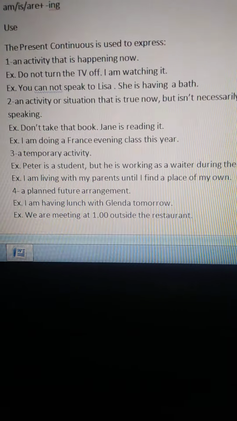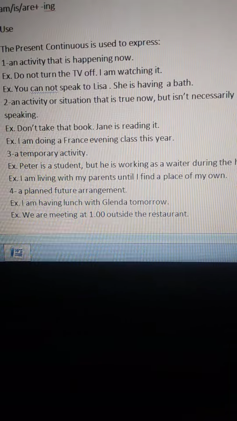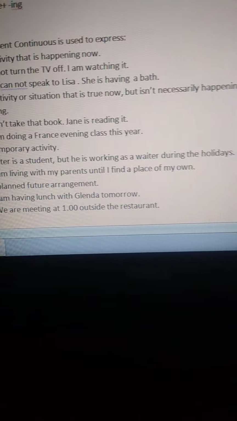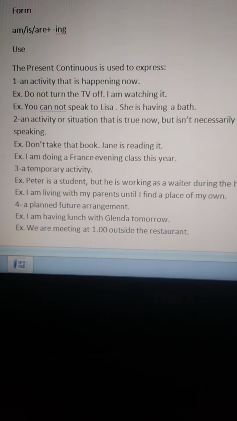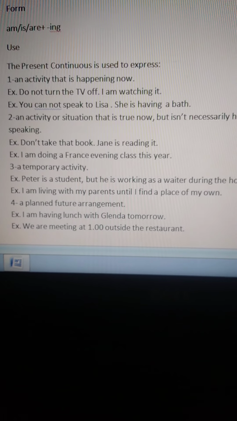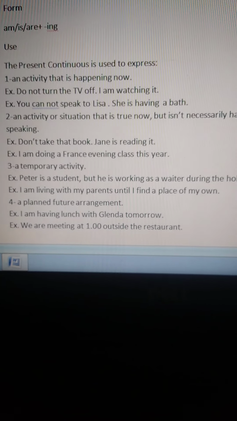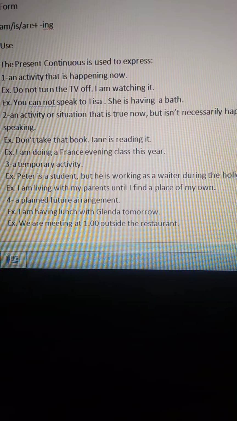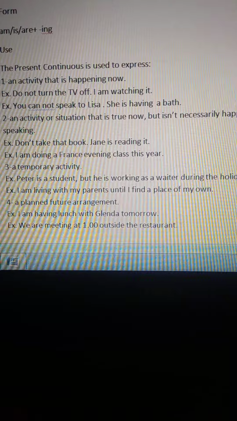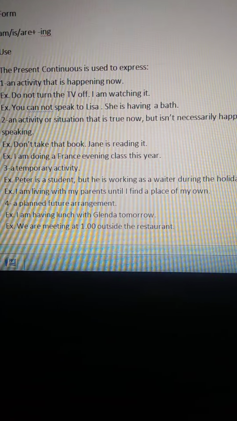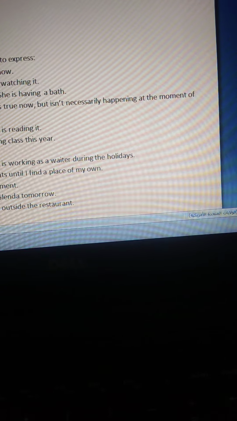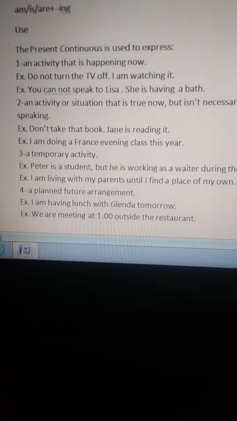Number two, an activity or situation that is true now but isn't necessarily happening at the moment of speaking.